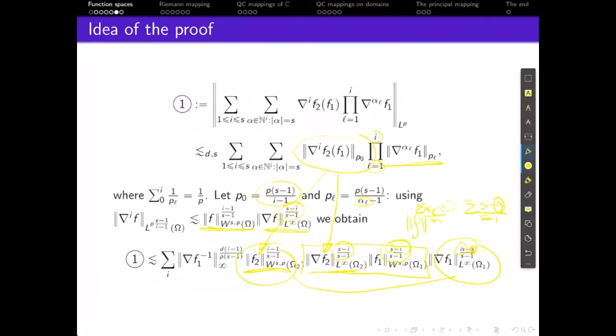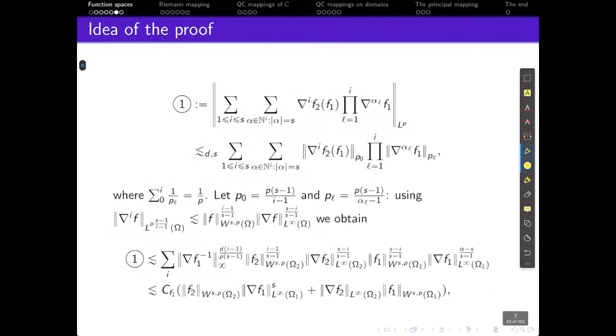But the exponent here, (s minus I) divided by (s minus 1), and the other exponent, (I minus 1) divided by (s minus 1), this equals 1. So here you can apply Young's inequality for multiplications, and what you get is this final result. Okay, so that's all. It's just Hölder inequality, Young's inequality, and just thinking a bit.